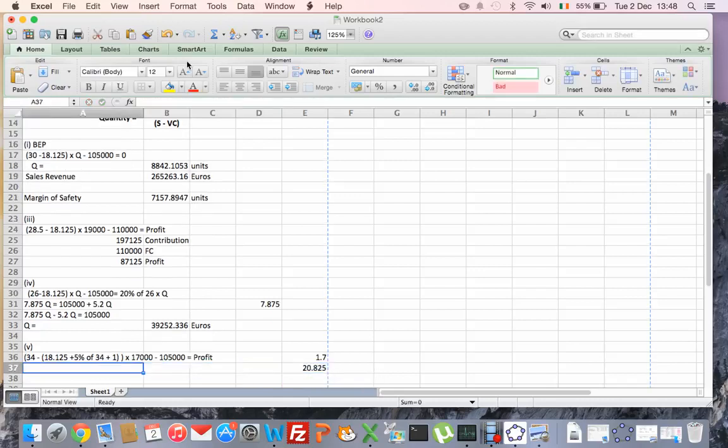So my formula now is 34 minus 20.825 multiplied by 17,000 minus 105, the original fixed cost, equals our profit.